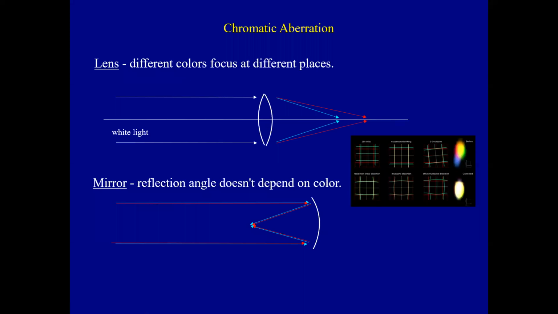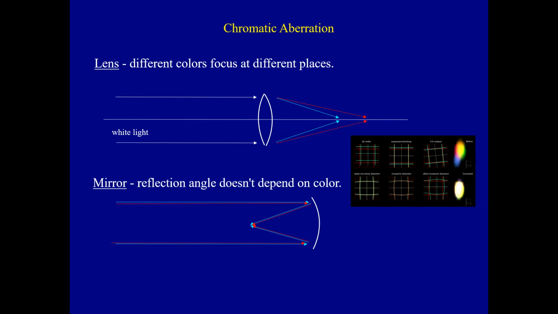The refraction through a lens depends on the refractive index of the glass, and the refractive index of the glass, on the other hand, depends on the wavelength of the light. So that means different wavelengths behave differently. If you take blue, that's a shorter wavelength than red, so blue light will be focused closer than the red light.